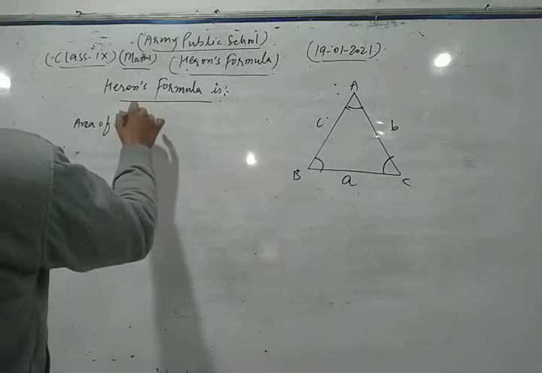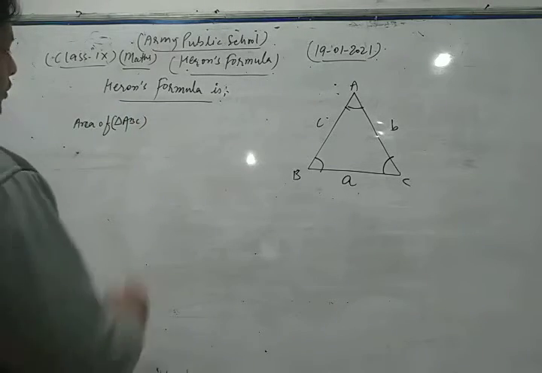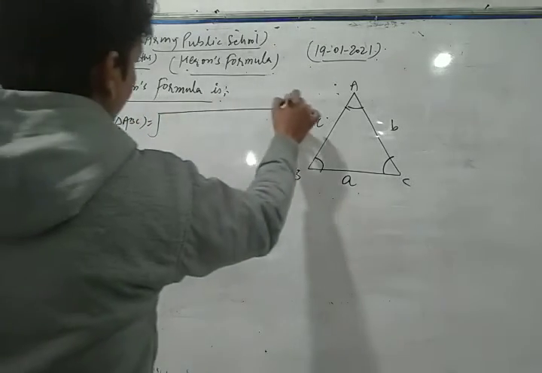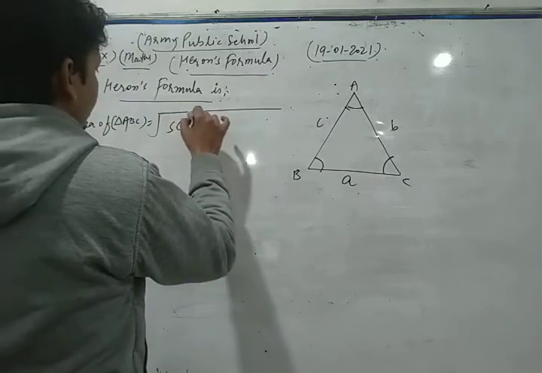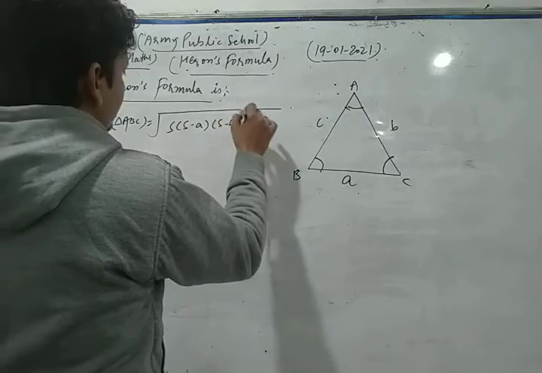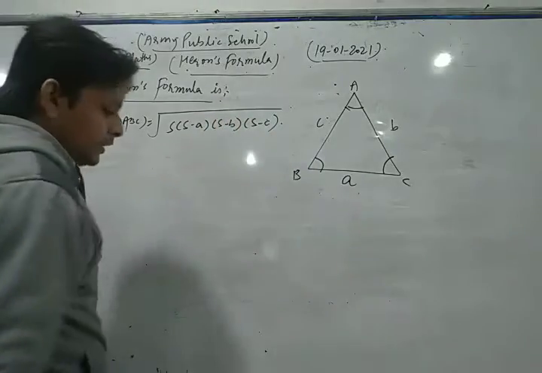Area of triangle ABC is equal to the square root of s(s minus a)(s minus b)(s minus c).